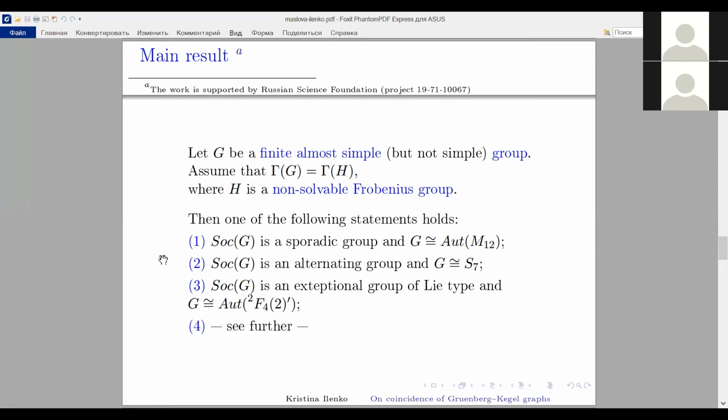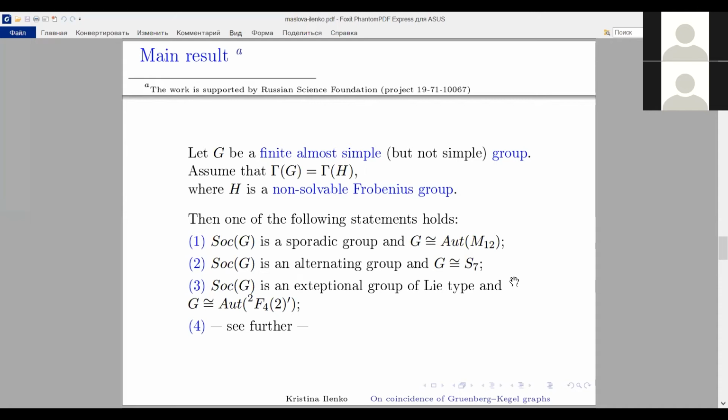From the first, it follows that G is a sporadic group and G is isomorphic to the automorphism group of M12. From the second, it follows that G is an alternating group and G is isomorphic to S7.